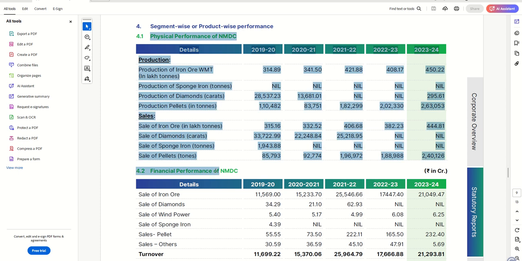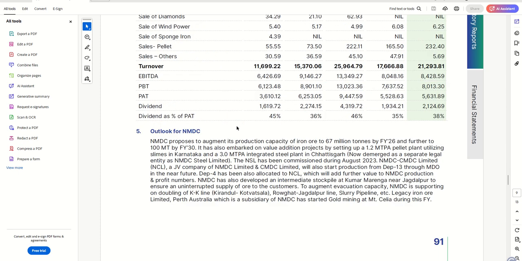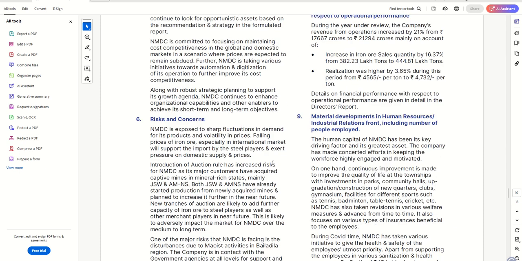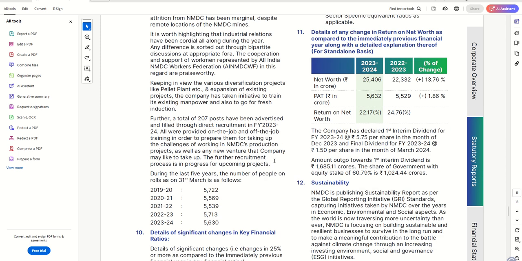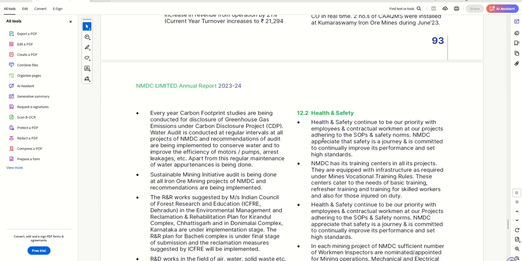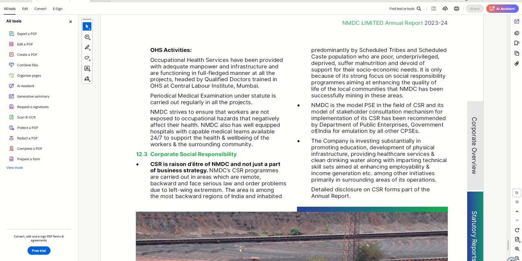Then this is their last 5 years performance. Then future outlook. And of course, there could be some section on sustainability, CSR activities. For an investor, those are of little interest, so you can ignore all this.